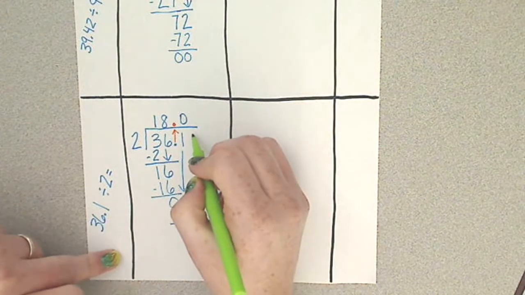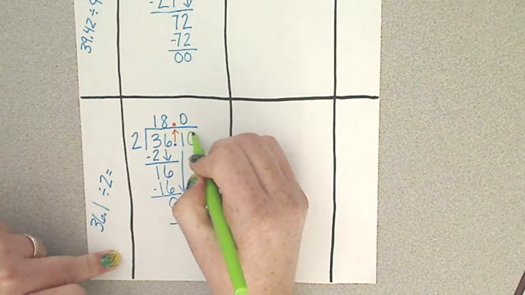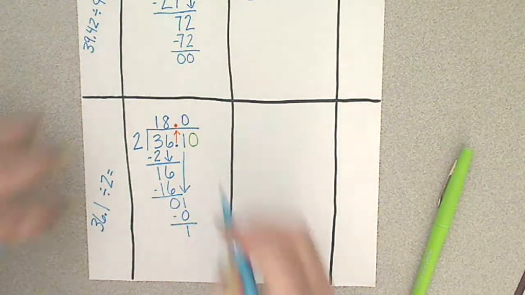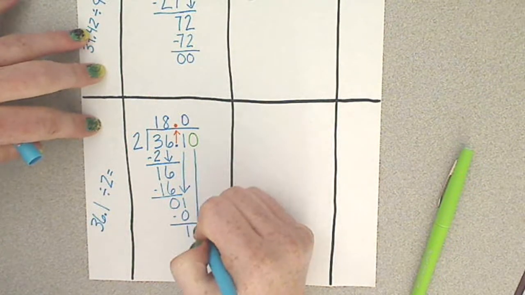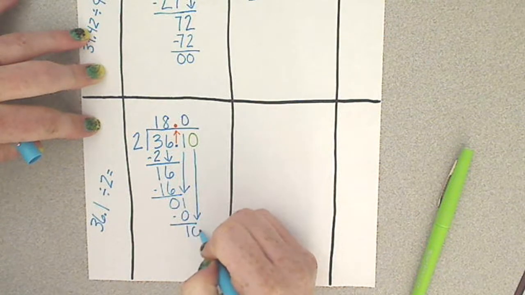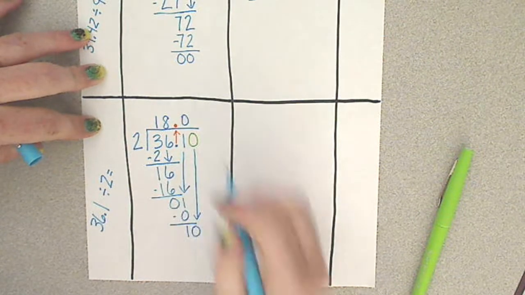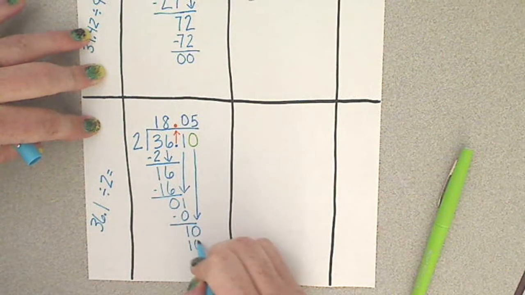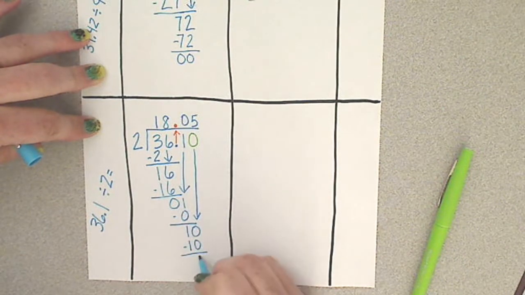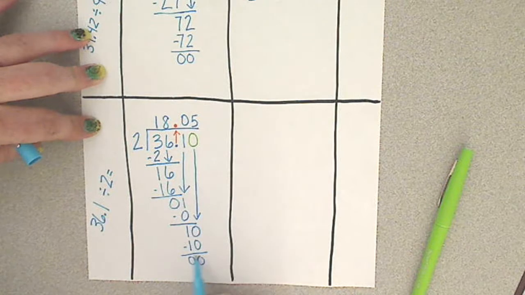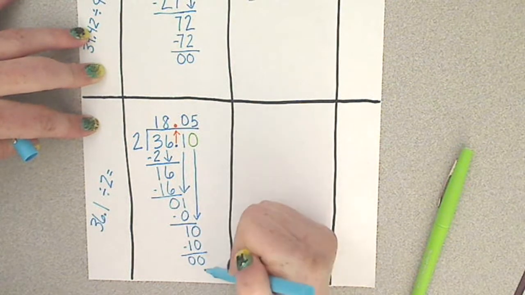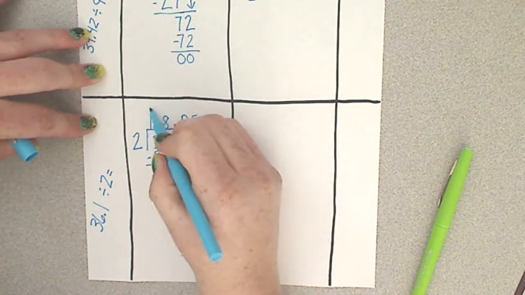All you do is you come up and you add a 0 to the end of your dividend, because now you can bring that 0 down. 2 divides into 10 5 times. 2 times 5 is 10. Now we have no remainder, no numbers to bring down, and we have our final quotient.